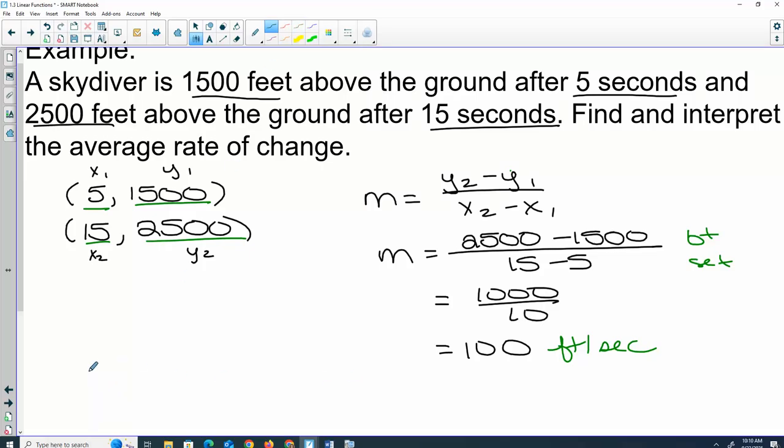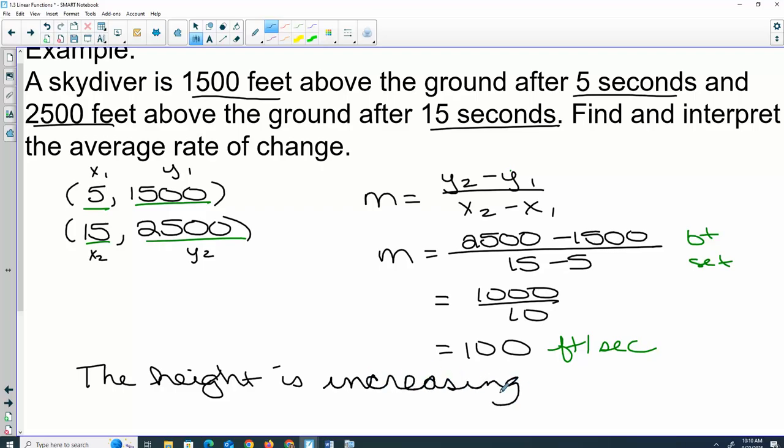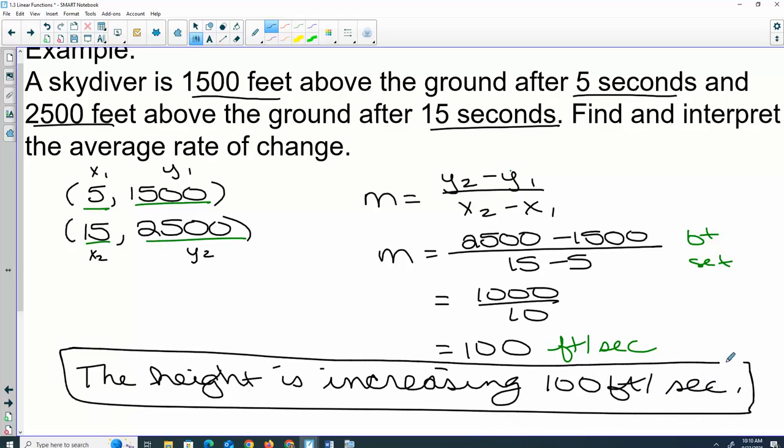So the interpretation is the height is increasing because it's positive, 100 feet per second. So if I'm asking you to interpret, you have to use your number, and I expect units. Tell me what units would be used on that rate of change.